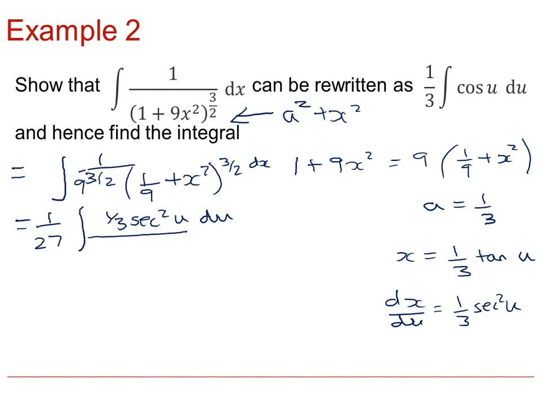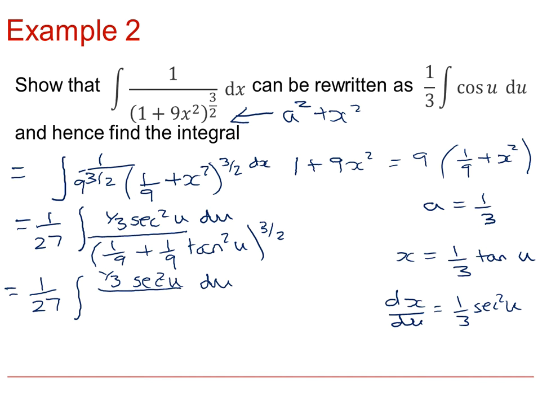And the denominator will be 1/9 plus 1/9 tan squared u, again to that power 3 over 2. That bracket will be 1/9 sec squared u to the power 3 over 2, which would give us 1 over 27 sec cubed u.